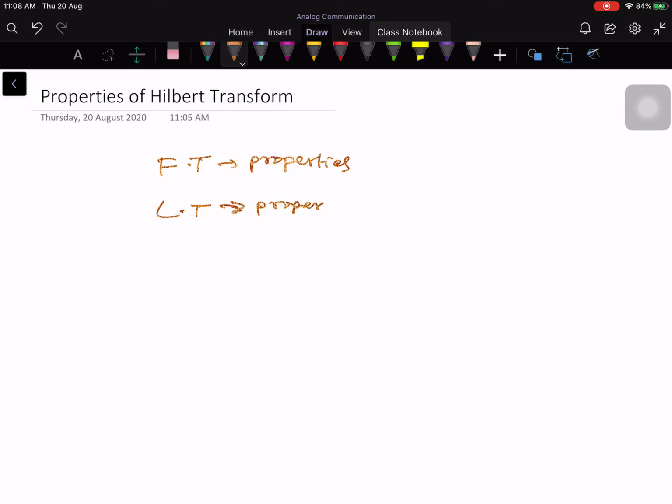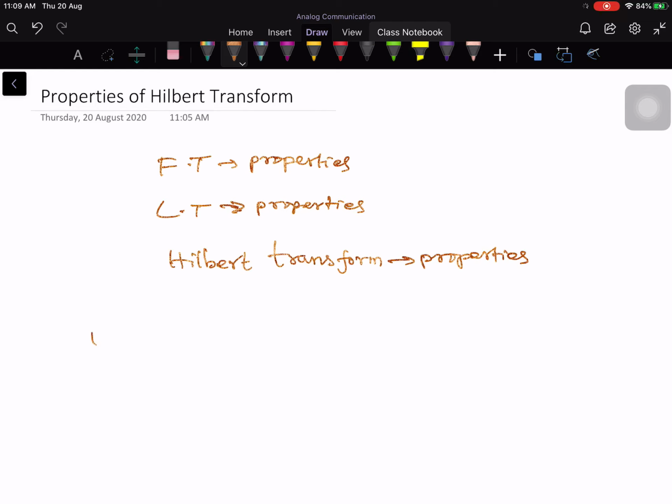In a similar way, this Hilbert transform also has some properties. These properties are important for us also. So let us discuss some basic interesting properties of Hilbert transform.